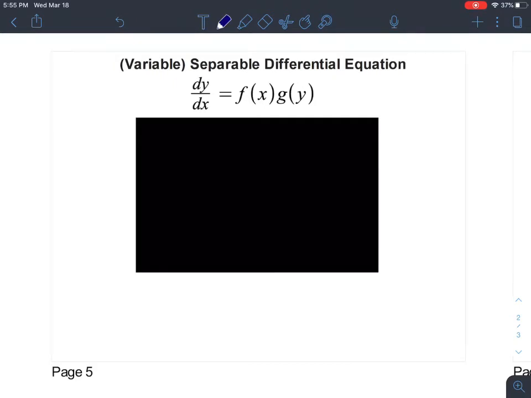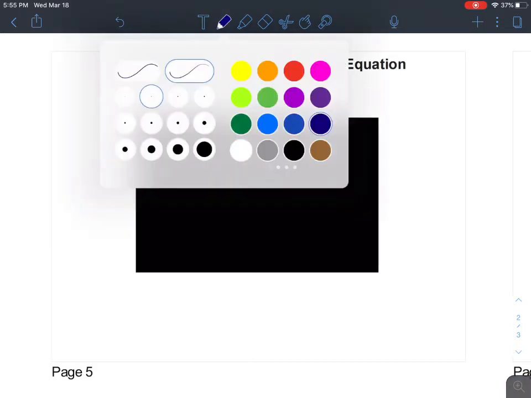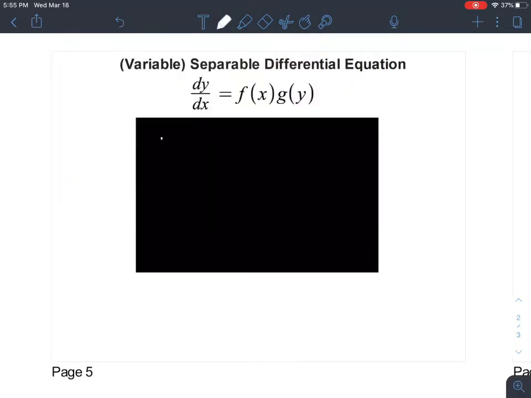I apologize for that. So the variable separable differential equation. What that is going to look like is we're going to have this equation dy over dx equals f of x times g of y. And what we need to do from there is separate this into two parts, hence the name separable.